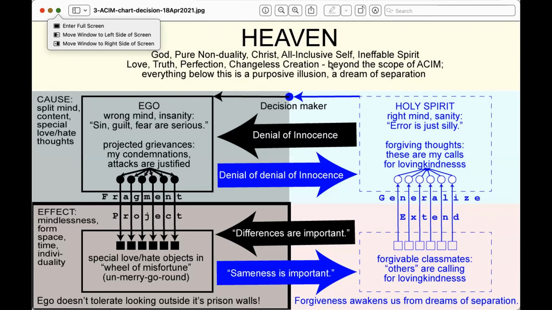So that brings us down to the middle section here, which is the mind. And that's where the cause is. So if you follow this across from left to right, the cause is the split mind from the ego. But how do we get to there first? Well, we got there because of this little blue dot right in the middle.